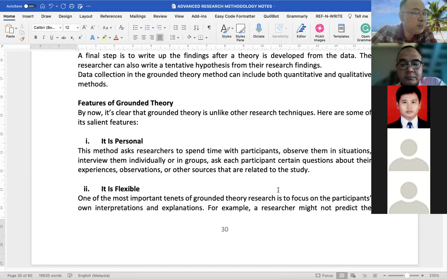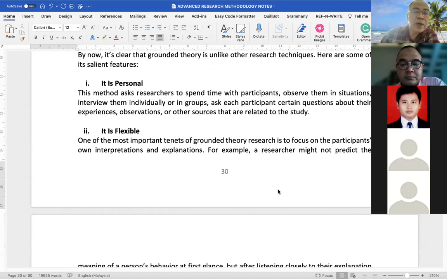The researcher goes to the field, interacts with the respondents, asks them questions, observes their behavior, and then records the data. Maybe if we interview, then we record the interview. If we observe, then we have some sketches. We have some notes about what we observe.